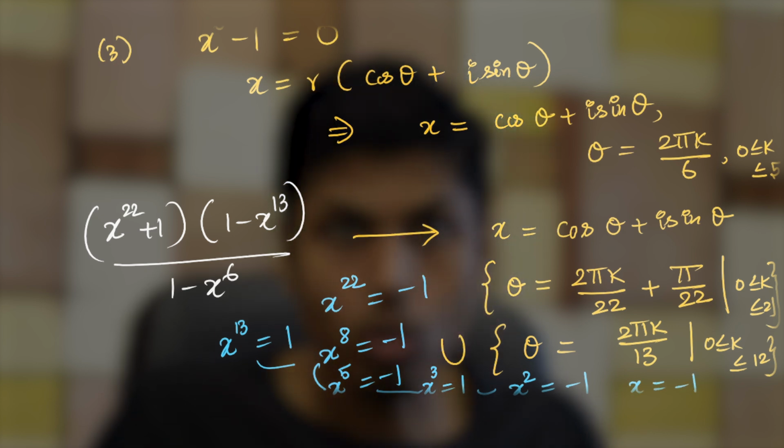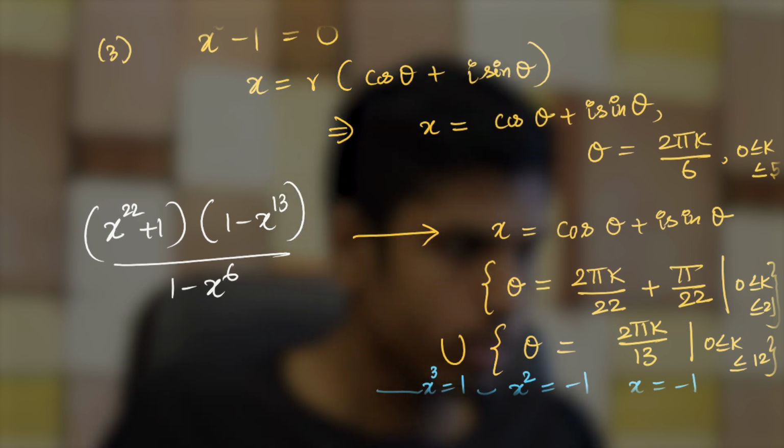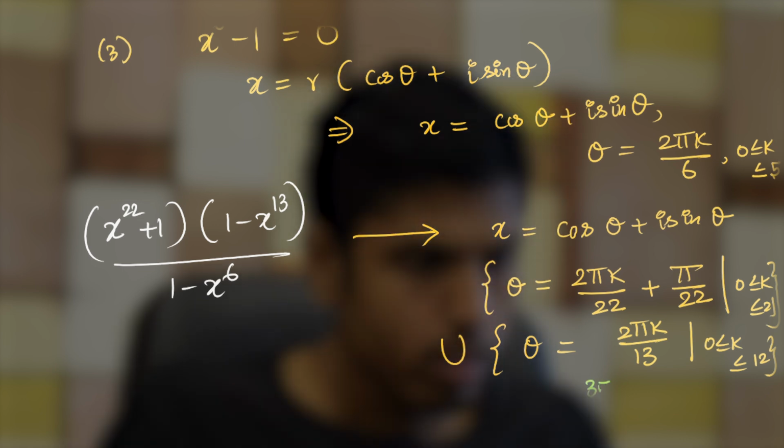But minus 1 is not a root of x power 13 equal to 1. So this won't be true. There are no roots in common. Thus this will correspond to 13 plus 22, which is 35 distinct roots.